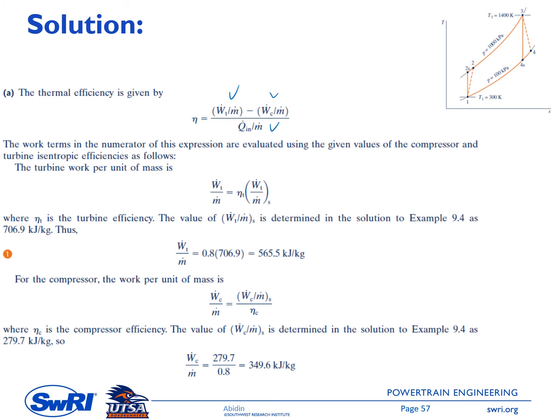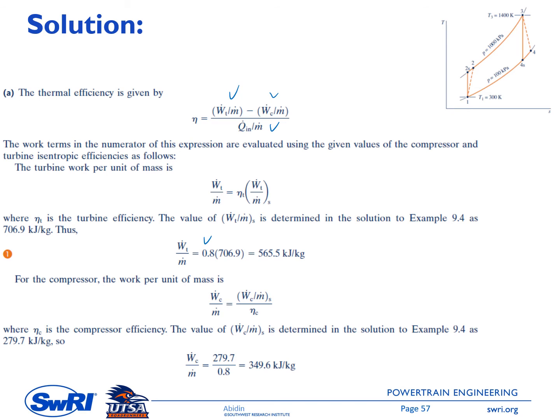We know H3, and we also know H4s, so we need to calculate H4. To calculate the turbine power, you take the turbine power for the isentropic process times the turbine efficiency.